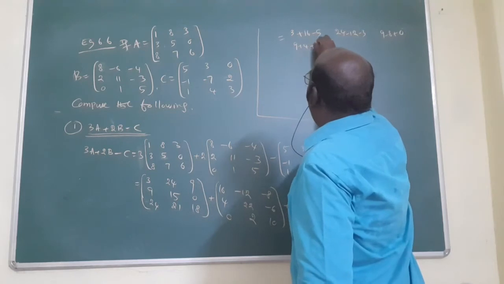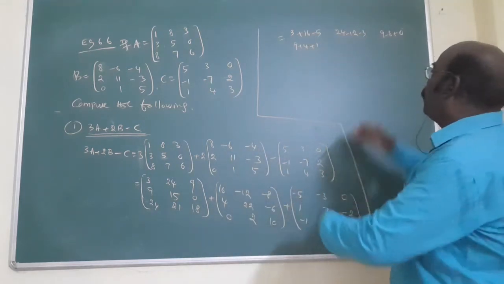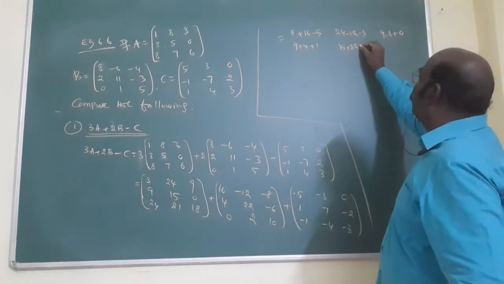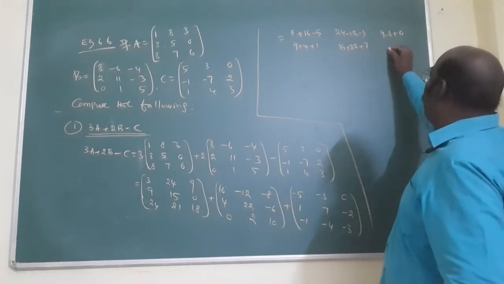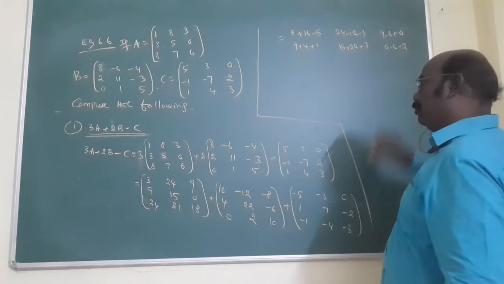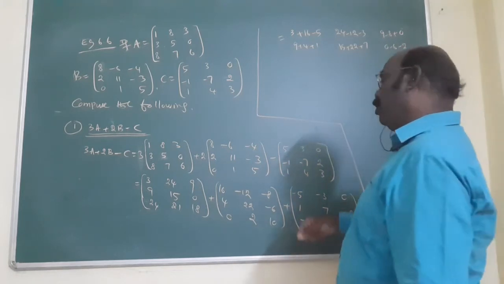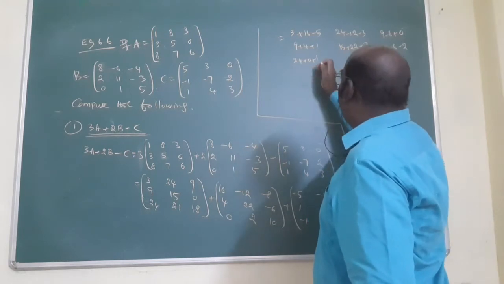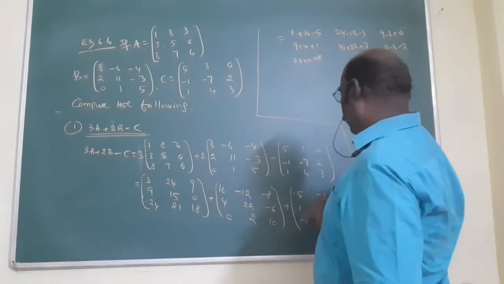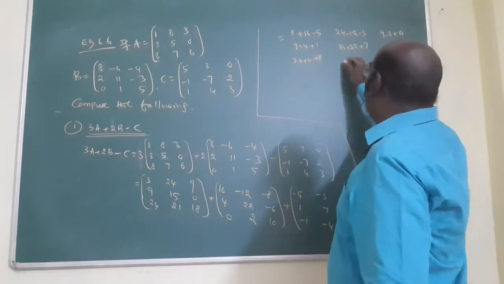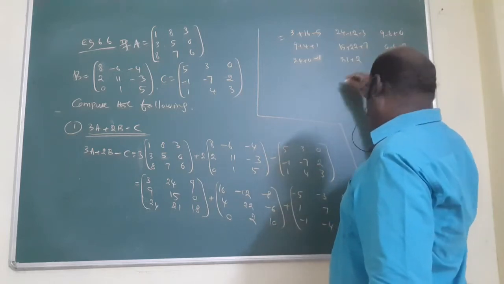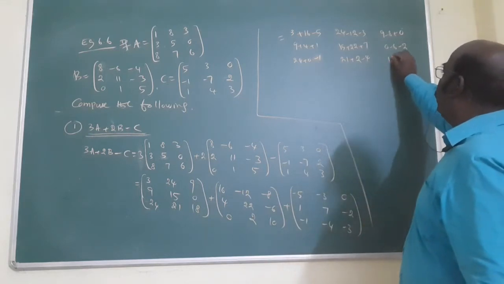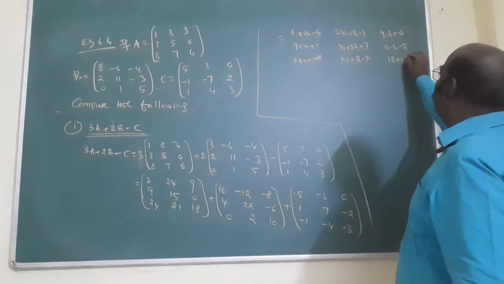Next, 15 plus 22 plus 7. Next, 0, minus 6, minus 2. Next, 24 plus 0 plus 1. Last one, 21 plus 2 minus 4. Last one, 18 plus 10 minus 2.